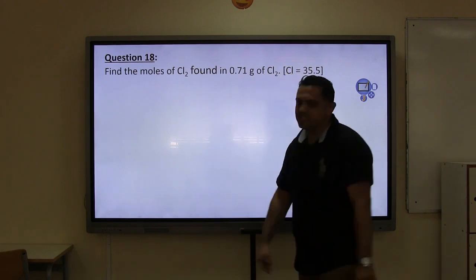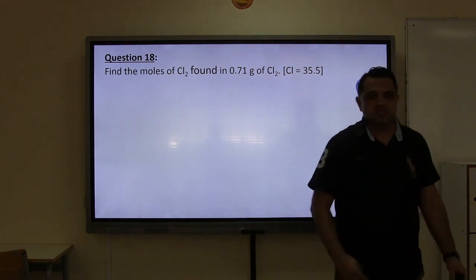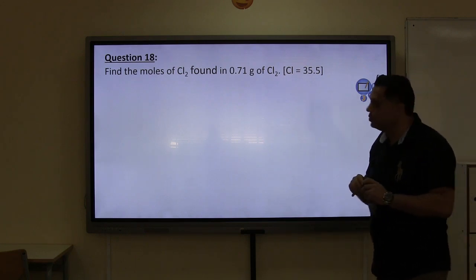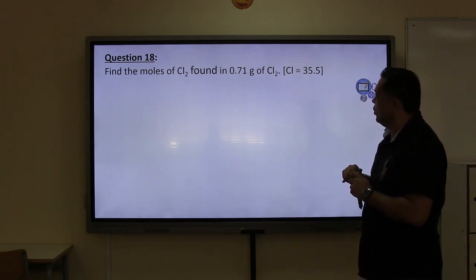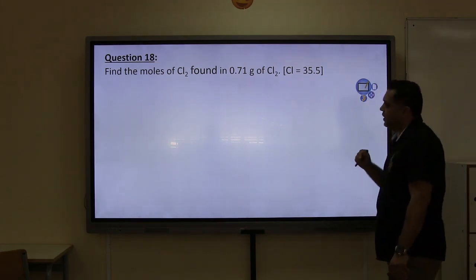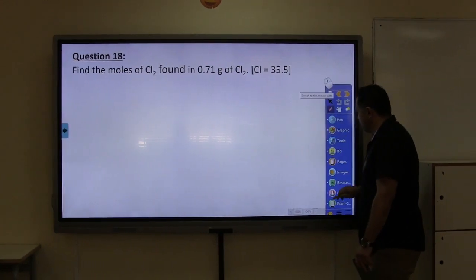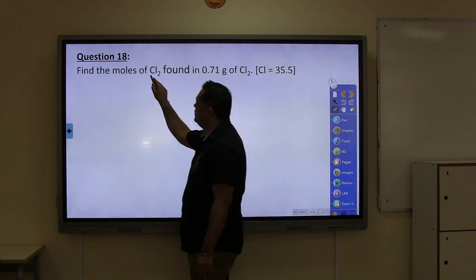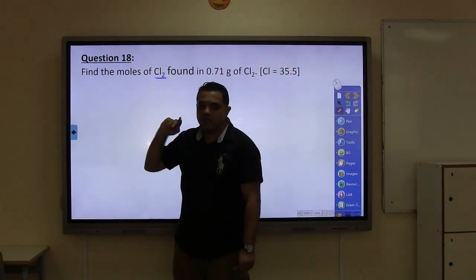Okay. Question 18 is different than using the ratios. It's a simple question: find the moles of the Cl2 found in 0.71 grams of the Cl2. Of course, sometimes they don't give you the Cl2 formula.